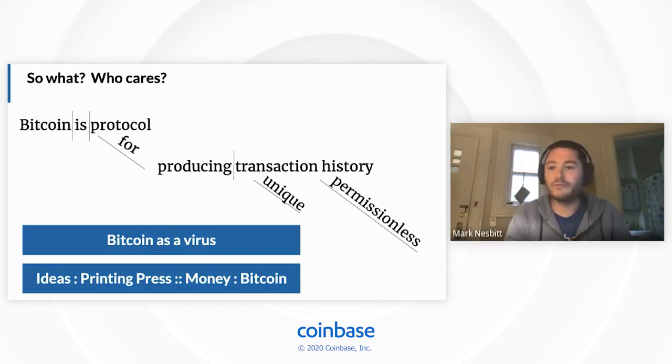Right now, money flows through the halls of power. That's the way our society is structured. And Bitcoin is a way to break that model. Our current system is not unique and permissionless, but Bitcoin is, and Bitcoin is spreading, similar to a virus, under its own momentum.